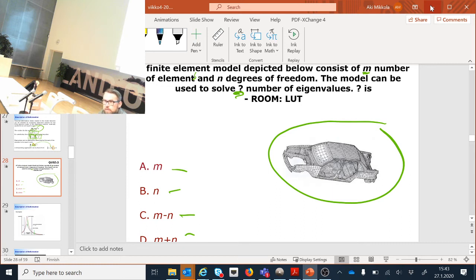It's equivalent to say this model has a certain number of different deformation modes. What is this number? Is it going to be m, n, m minus n, m plus n? How many different ways? Is it too simple?